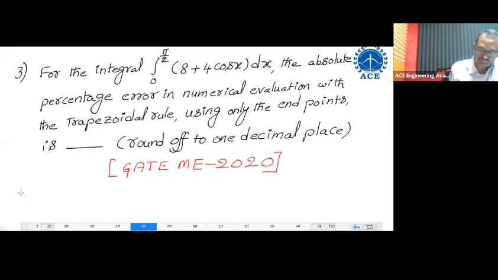Trapezoidal and Simpson's rule are the most important and expected topics. So let us find the approximate solution. Approximate solution means the trapezoidal rule solution. Exact solution means direct integration gives the exact solution. Let us solve. You are asked to use only endpoints.